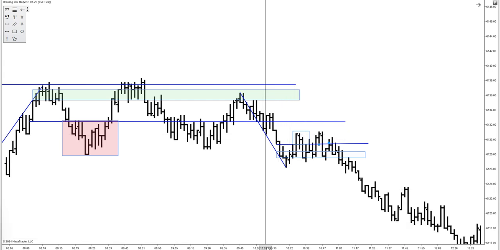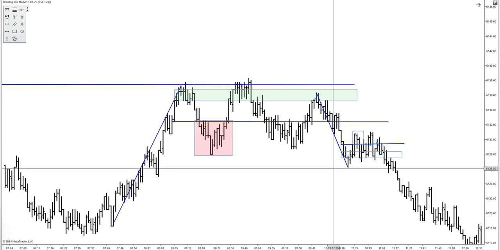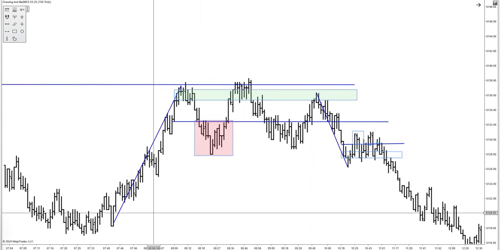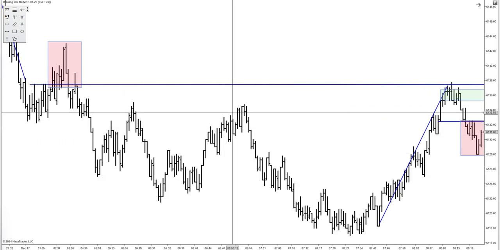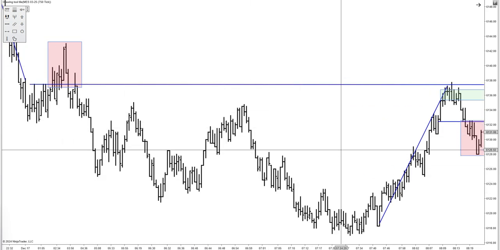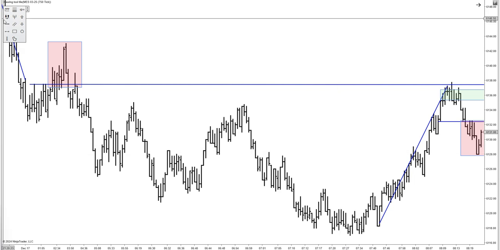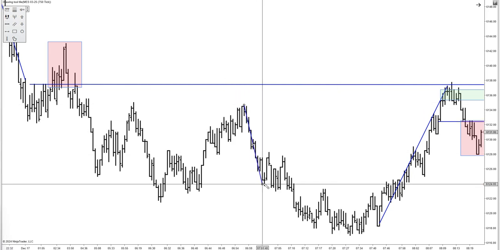It's easy to get wrapped up in the wrong side of it, but I just pointed out 1, 2, 3, is there one here? 4 trades, right?